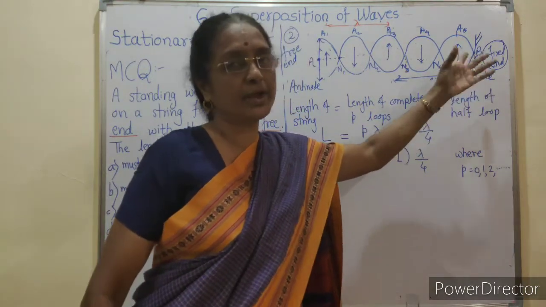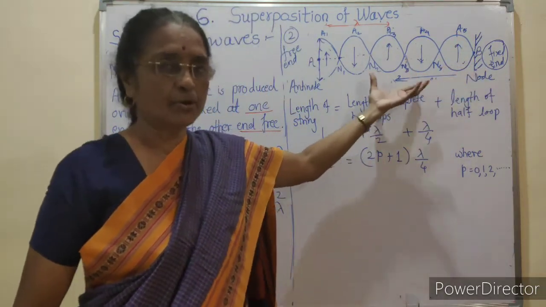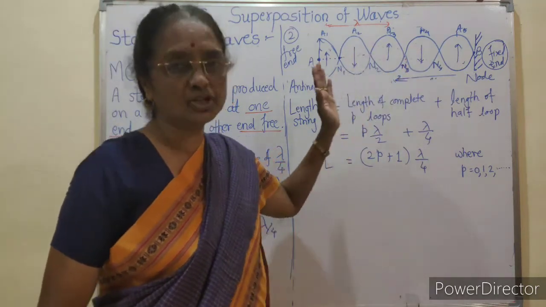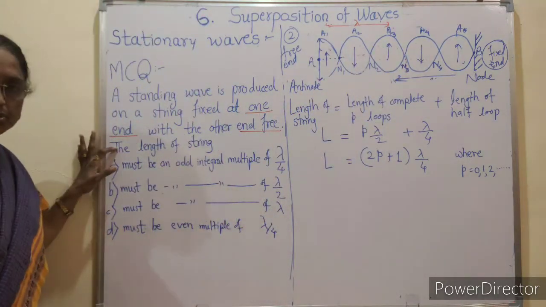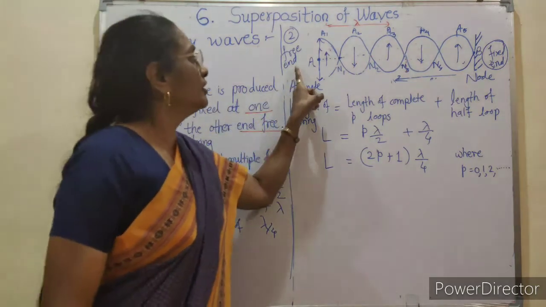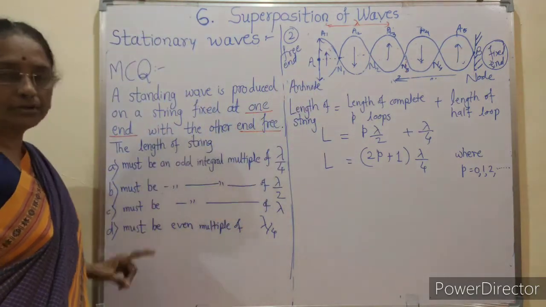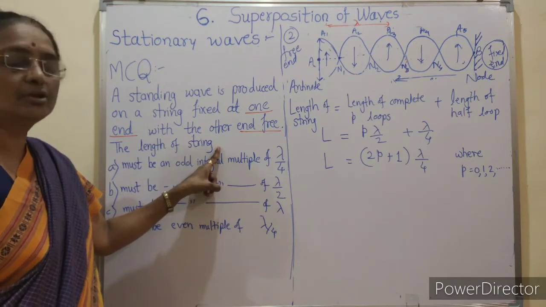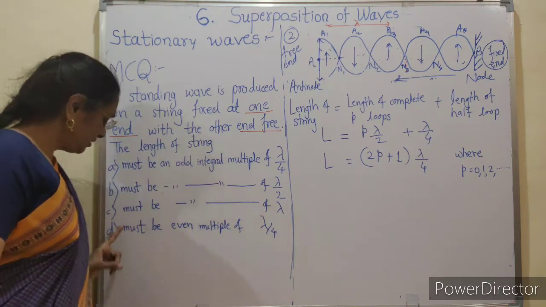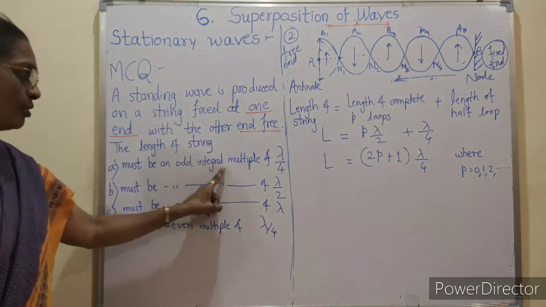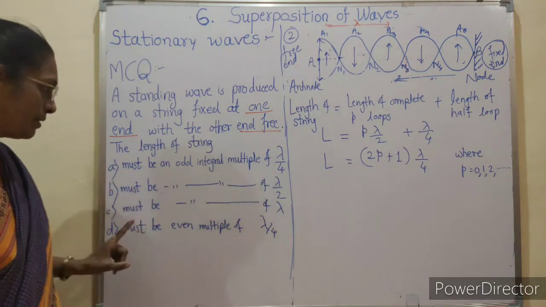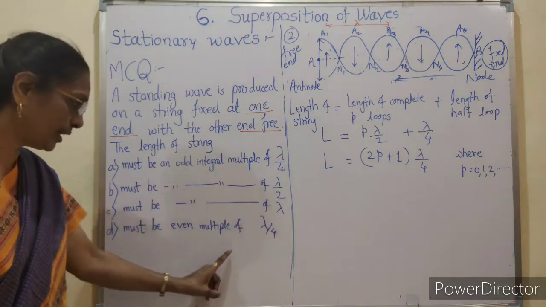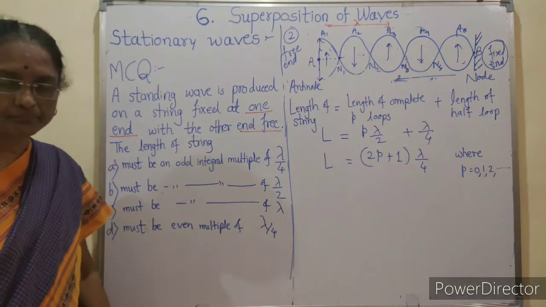The example which we considered in the formation of the wave, the same description is used in this MCQ. The other end is free, and it asks the length of the string, and options are given: must be an odd integral multiple of lambda by 4, lambda by 2, and such options.